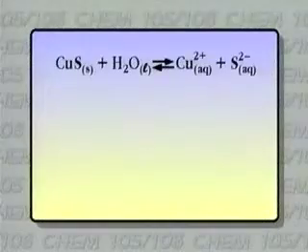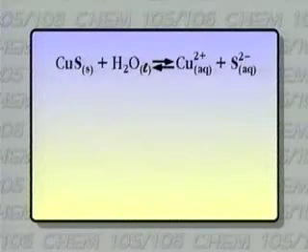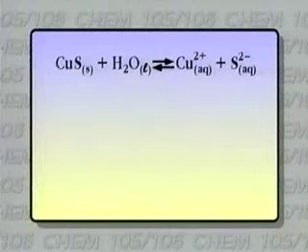Now, let's take a quick look here at how we go about calculating equilibrium constants. This is something, of course, that has to be done experimentally. Let's suppose that we were to take some solid copper sulfide and dump it into water.